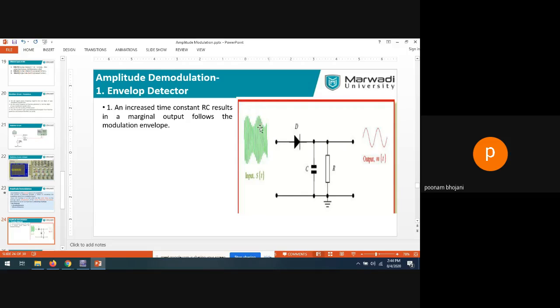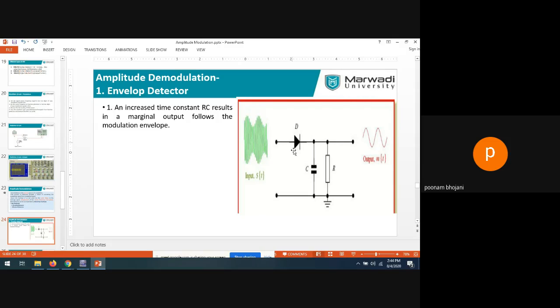Whenever a positive cycle comes, the diode is forward biased, or short circuited, so it goes directly to the capacitor. The capacitor will charge whenever a positive value comes to it. And whenever a negative value comes, meaning the diode is reverse biased, it will be an open circuit. At that time, the capacitor will discharge through the resistor and you will get the output.